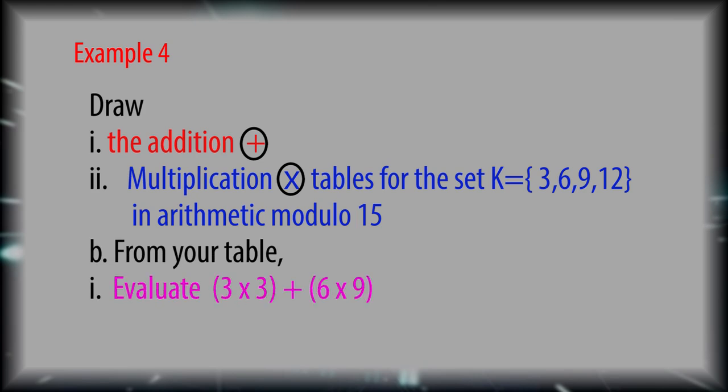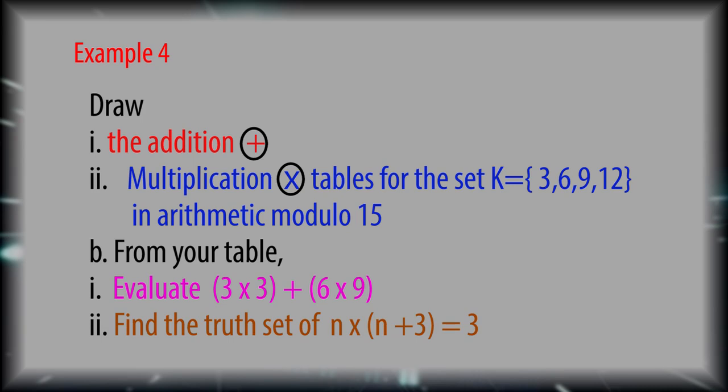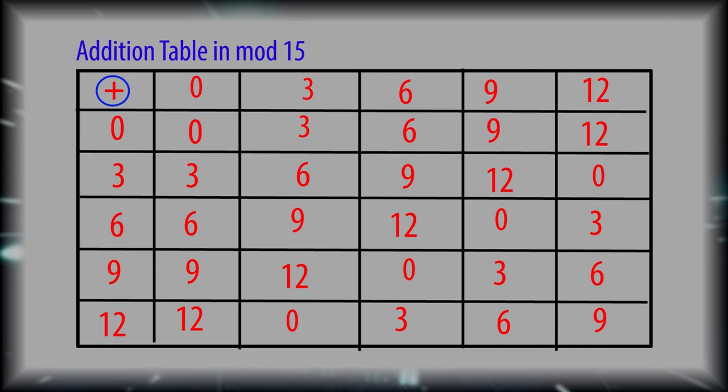Then from your table, evaluate: one, (3 times 3) plus (6 times 9). Then two, find the truth set of n times (n plus 3) is equal to 3.